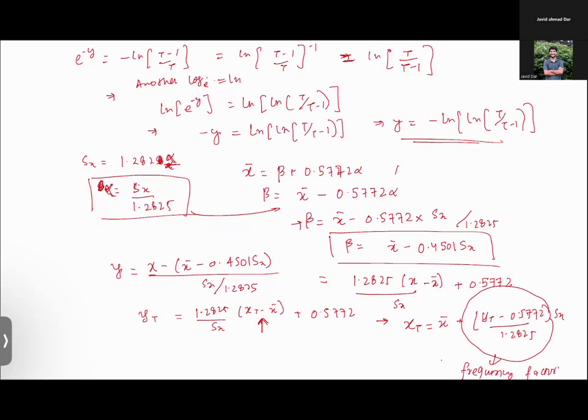So this is the extreme value type 1 distribution, which is used for frequency analysis.